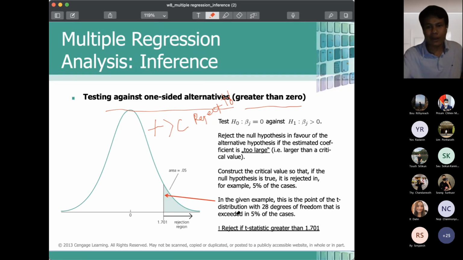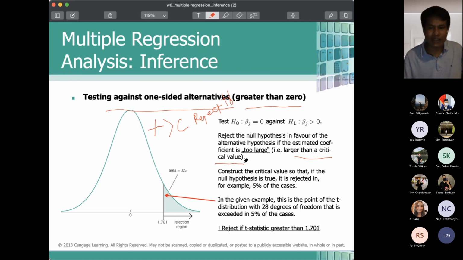So we reject the null hypothesis in favor of the alternative hypothesis if the estimated coefficient is too large. As I said, if you want to obtain a large t value, we need to make sure we have a large estimated coefficient, larger than the critical value. So we need t larger than the critical value.